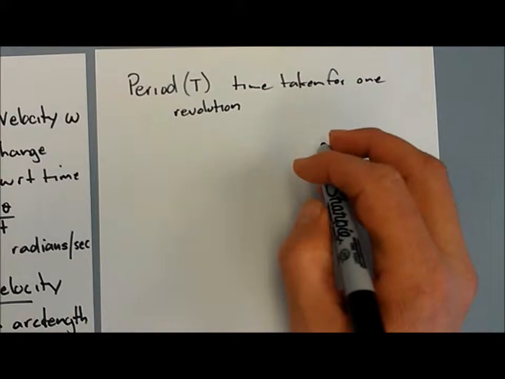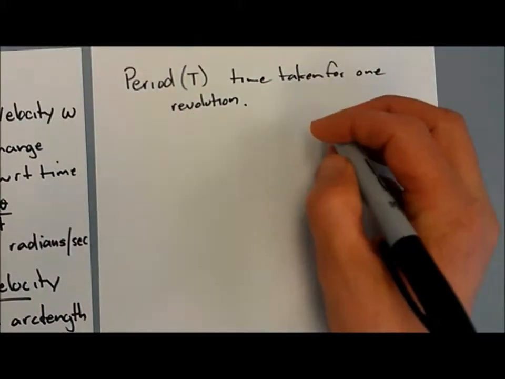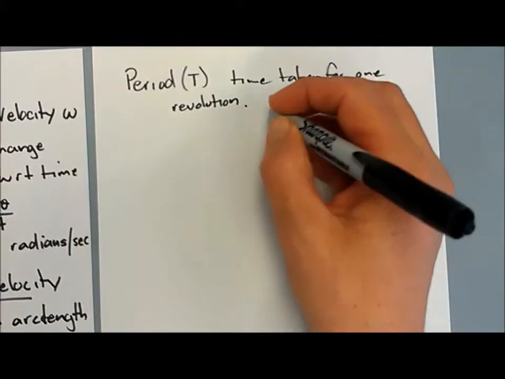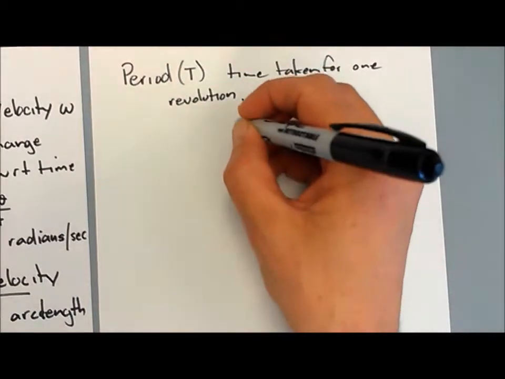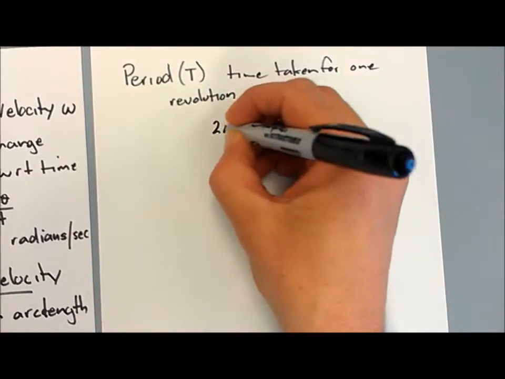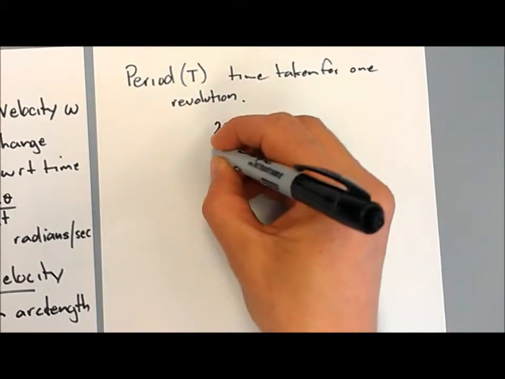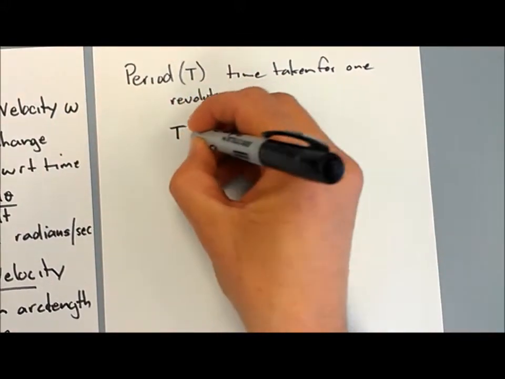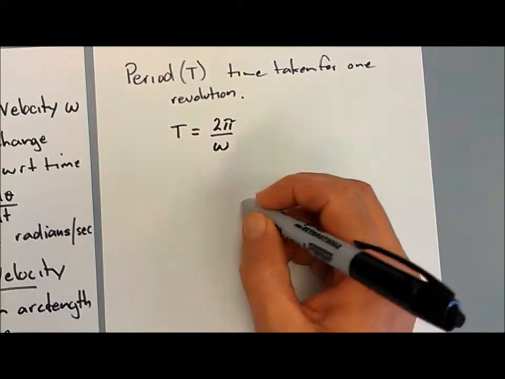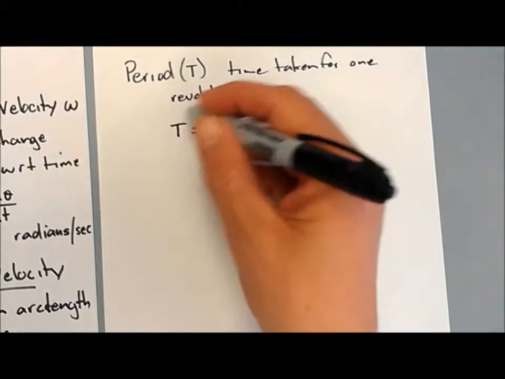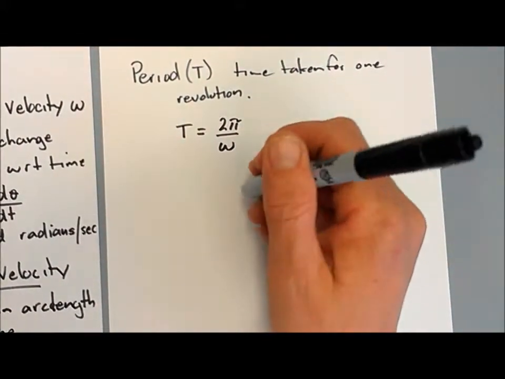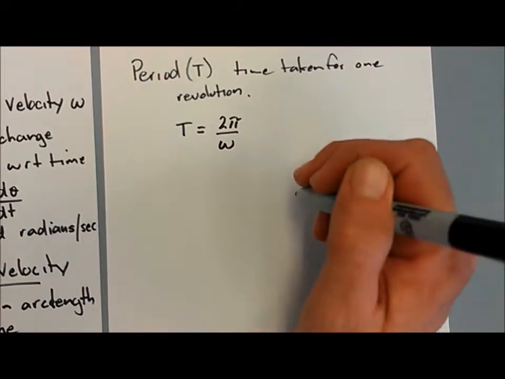Because that means that's the time taken for one revolution, it would be an angle of 2 pi at the centre. So the angle is 2 pi, and the speed would be omega. And so the period is given to us by 2 pi on omega. And again, we can use other arrangements of that as necessary. But period, 2 pi on omega.